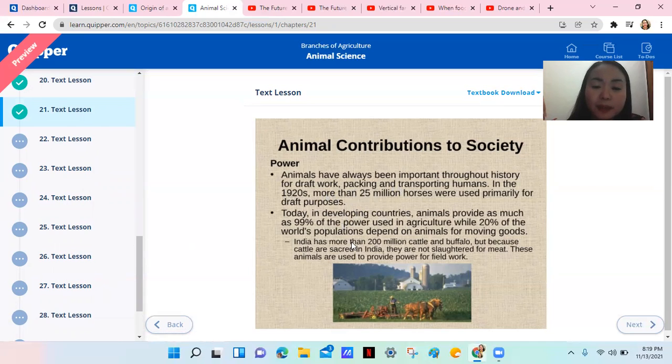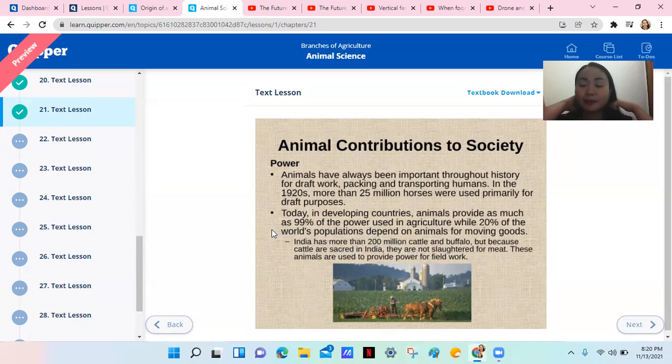And today, in developing countries, animals provide as much as 99% of the power used in agriculture, while 20% of the world's population depend on animals for moving goods. In India, for instance, they have more than 200 million cattle and buffalo, but because cattle are sacred in India, they are not slaughtered for meat, and these animals are used to provide only power for field work.